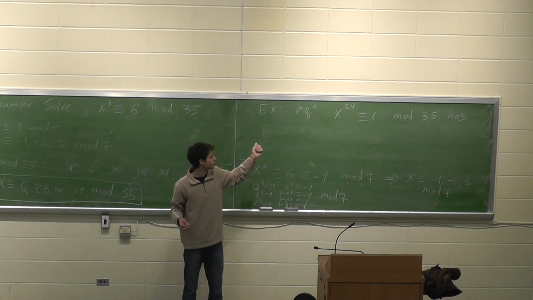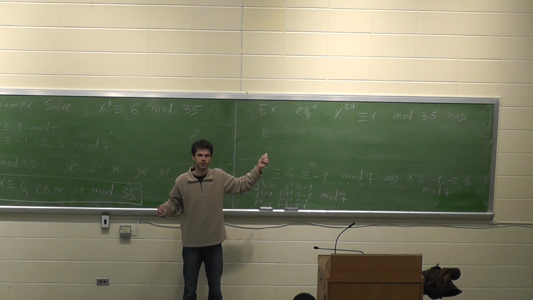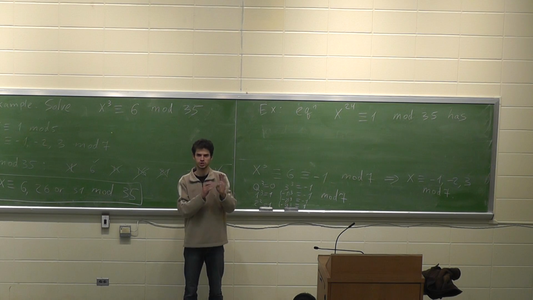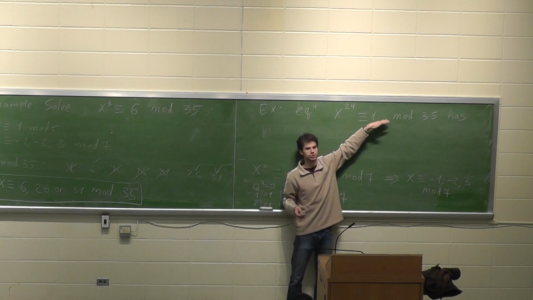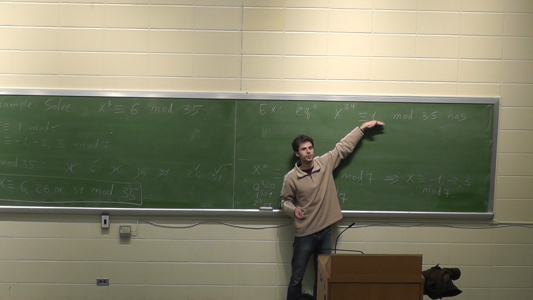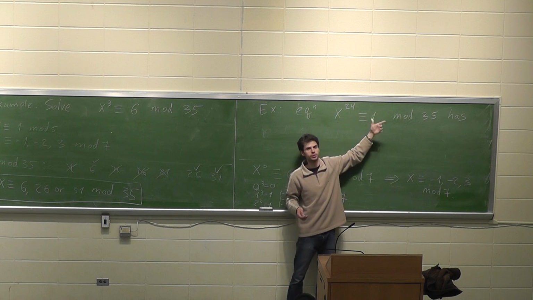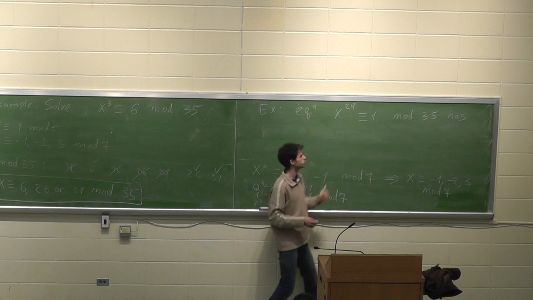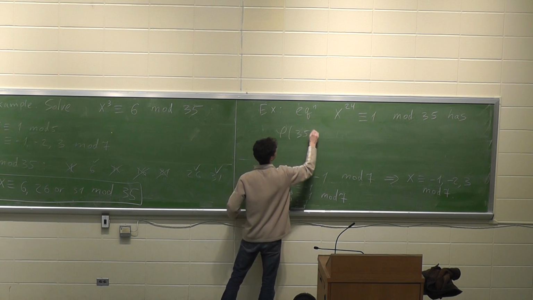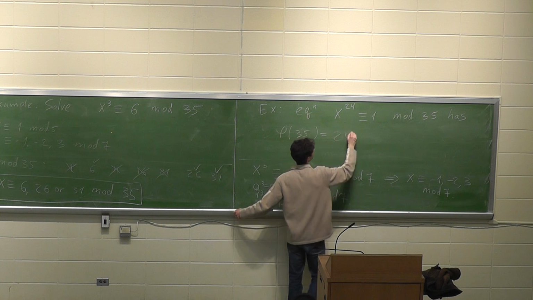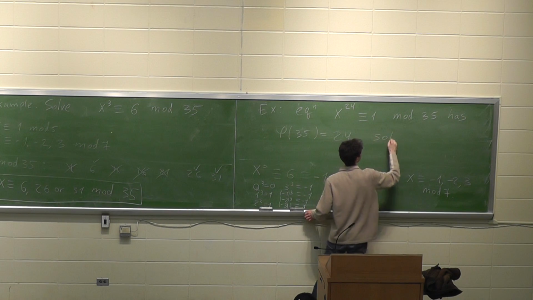On the other hand, all residues which are not relatively prime to 35, which means those which are divisible, say, by 5: if you take a residue which is divisible by 5, raise it to any power, you get something which is divisible by 5. So no way to get 1. Same about divisibility by 7. So this equation has phi of 35, which is 24 solutions.